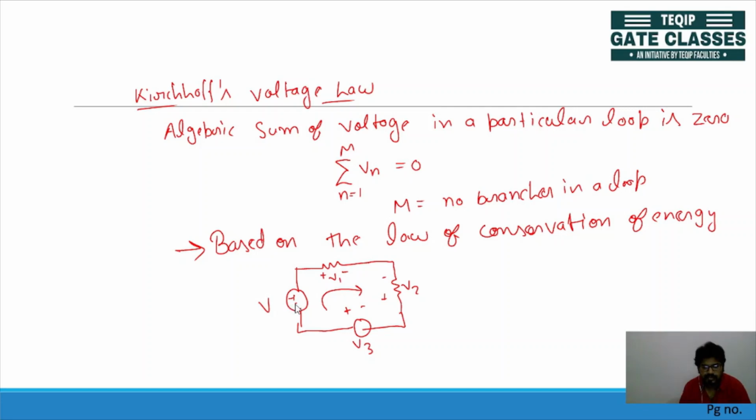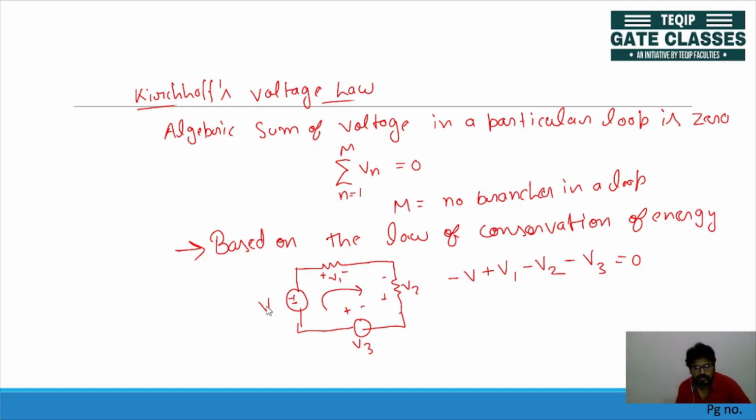When we talk about this voltage V, the negative terminal comes first, so we'll take it as minus V. For V1 we'll take plus V1. For V2 the negative terminal is here, so minus V2, and for V3 also there is a negative terminal, equal to 0. So V1 is equal to V plus V2 plus V3.